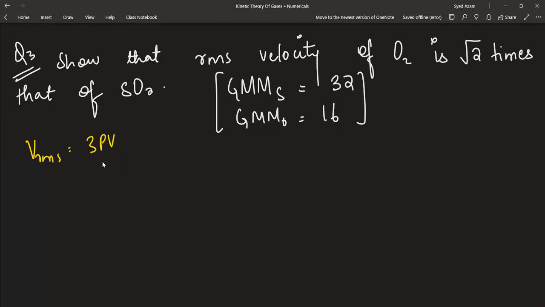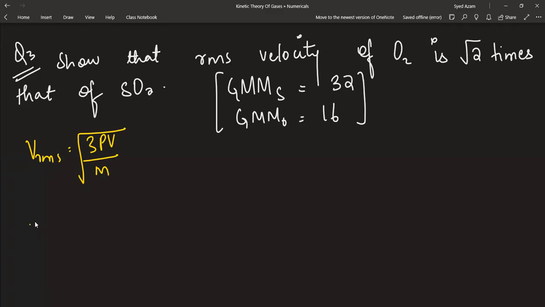Root of 3PV by M. Now look, pressure, volume, and everything will be constant, because nothing is mentioned that shows these are put in different containers. Oxygen and sulfur are making sulfur dioxide. So definitely this is one compound that we are talking about, not individual elements, not the atoms. We are talking about the complete molecule. So pressure and volume for all the molecules will be the same.